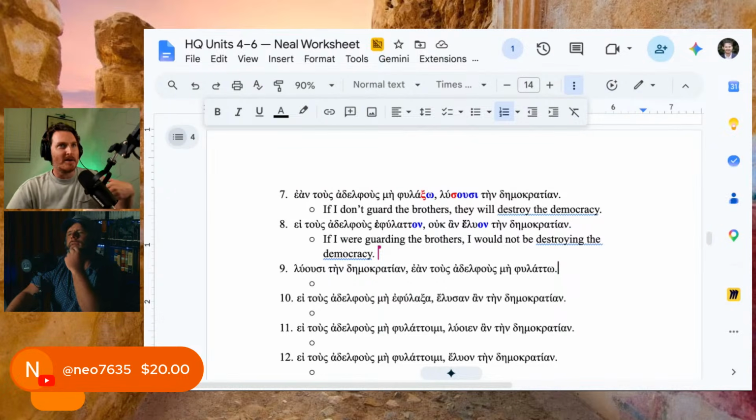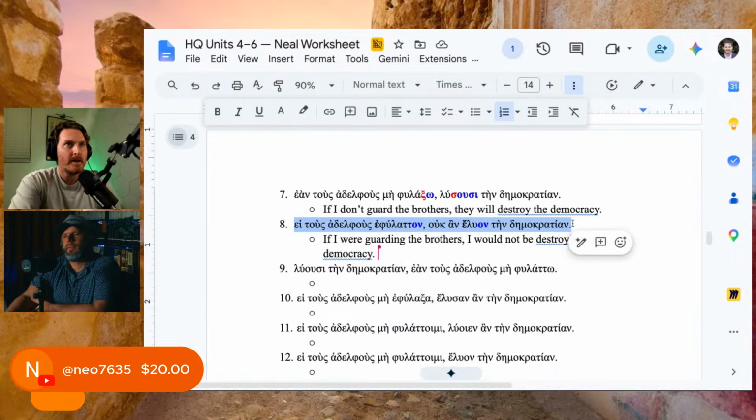Kind of, you know, it's tough because also e tous adelphus effulaton could be if they were not guarding their brothers. That's also a possibility. This sentence is ambiguous. We don't have enough context to translate this really confidently. Yeah, I see what you're saying. And this is funny.